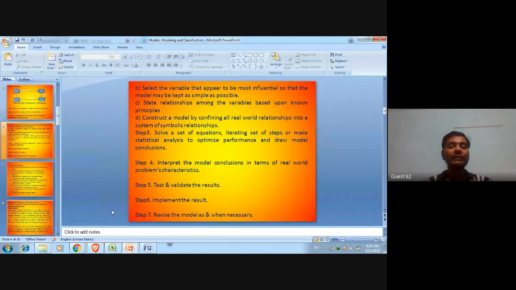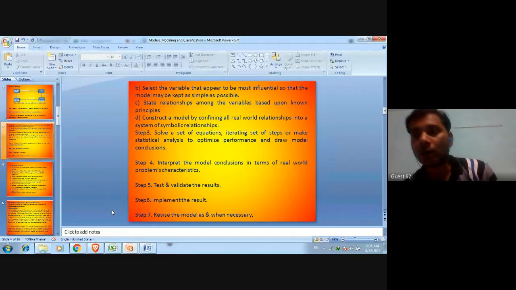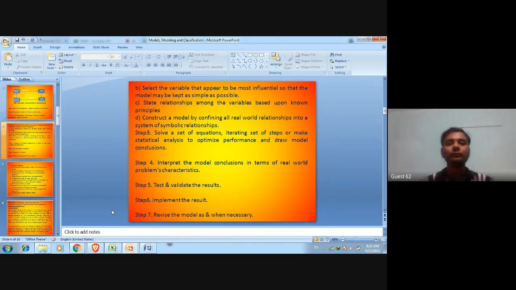We will select all those factors which will mostly affect our problem. And also we have to construct the model as simple as possible. We are not trying to make our model complicated. Okay. And next, state relationship among the variables based upon known principles.